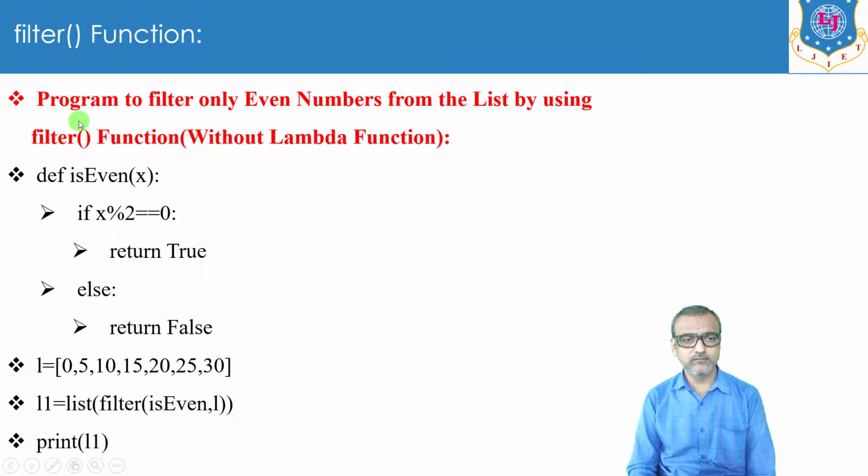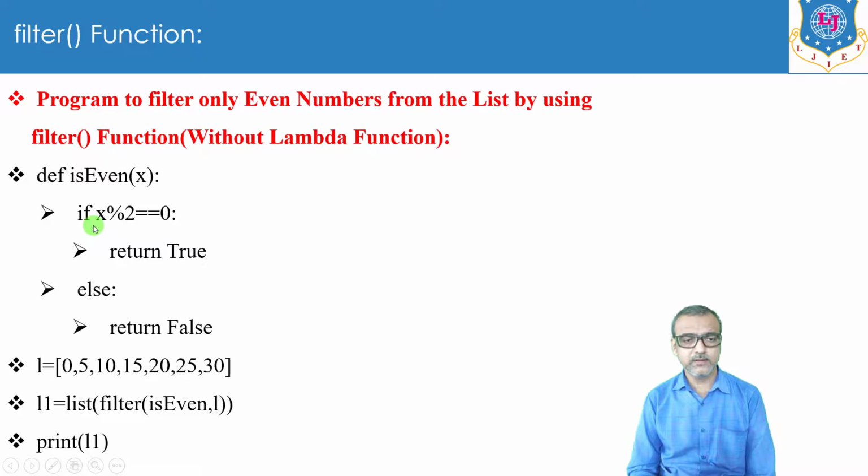Now we have one example based on filter function. Program to filter only even numbers from the list by using filter function without lambda function. So here we have written a normal function using the keyword def. The name of the function is even. This is the argument x. Don't forget to write down this colon.